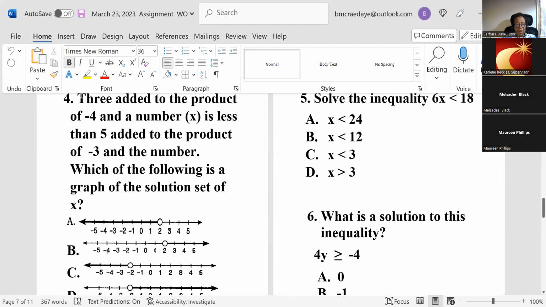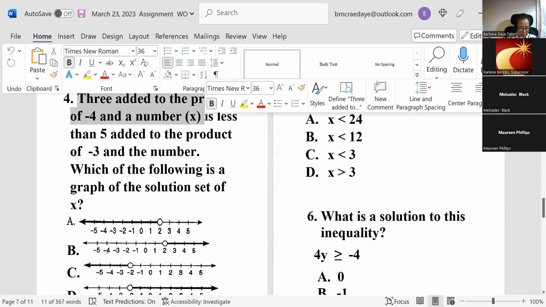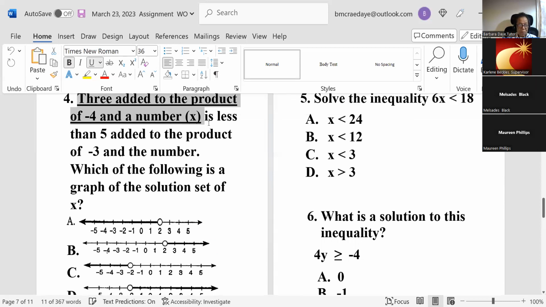So that's what you've got to solve, right? Mercedes, did you have a problem with this? Yeah, I couldn't do that one. I read it and read it, 3 added to the product of a number and a number x.